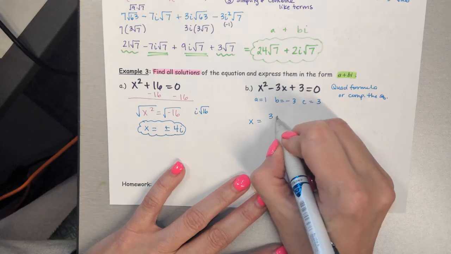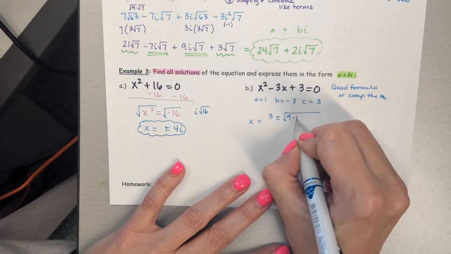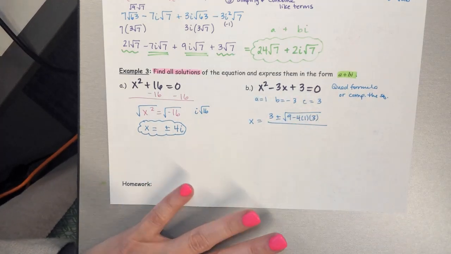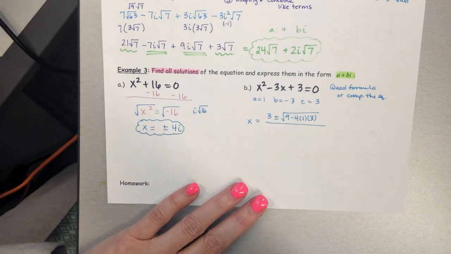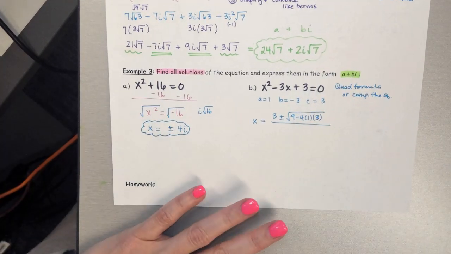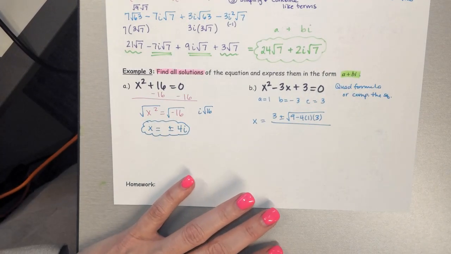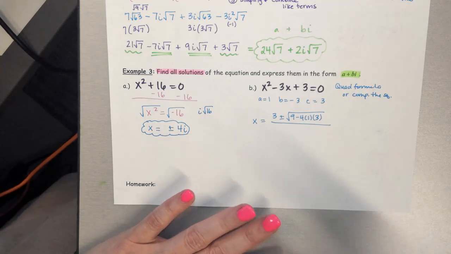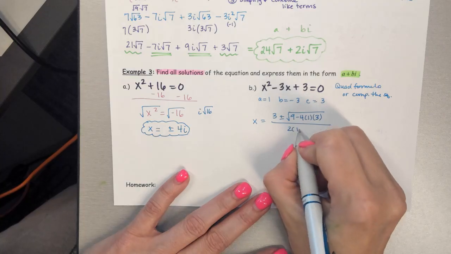So the opposite of b plus or minus the square root of b squared minus 4ac. Okay, whenever you see a quadratic, you should be thinking factor, quadratic formula, complete the square. If you have imaginary numbers, okay, if they're telling you to write it in that form, you can just go to the quadratic formula or completing the square.